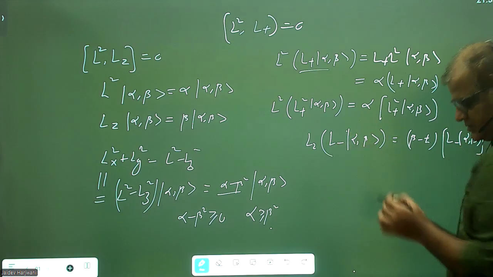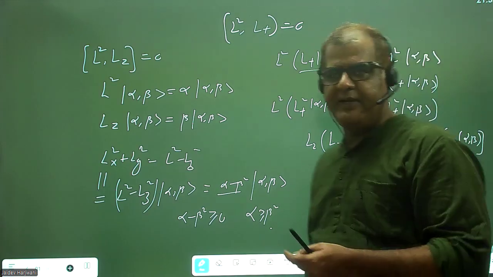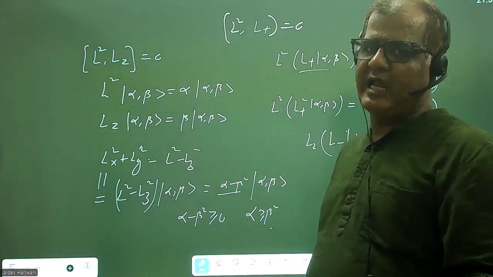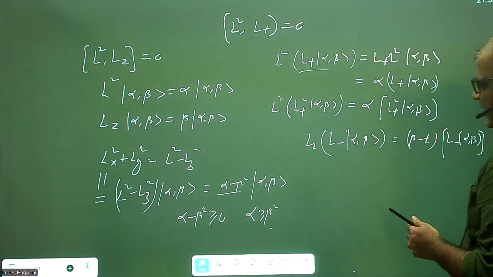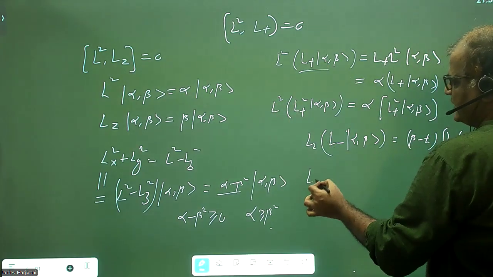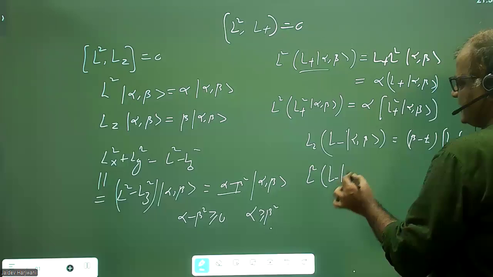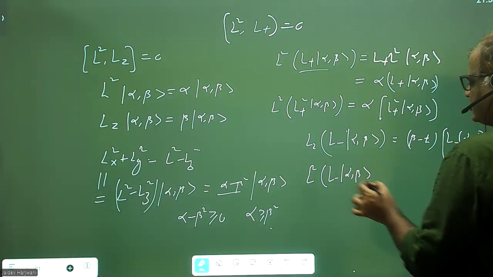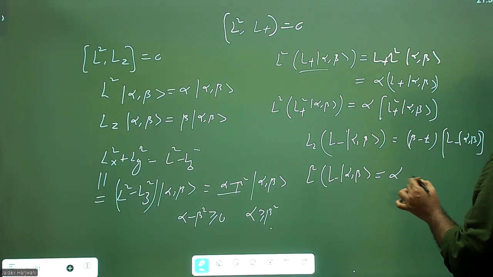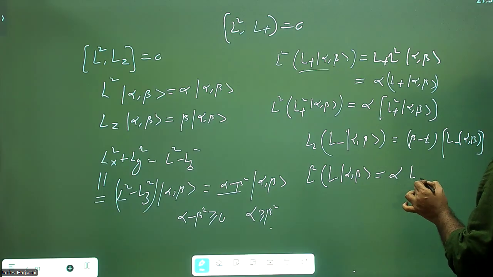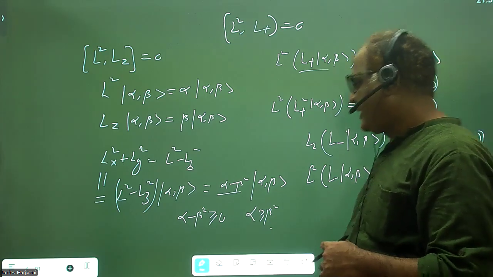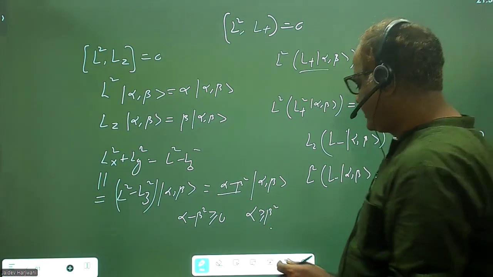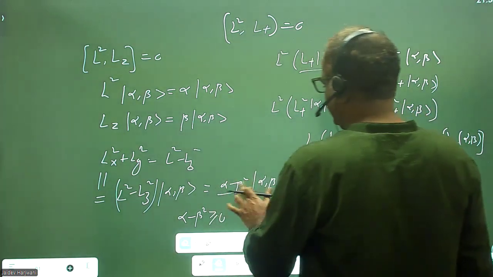So L minus is a lowering operator. It decreases the eigenvalue of Lz by h cut. Similarly to L plus, we can show that L minus is also an eigenstate of L square with no change of eigenvalue.